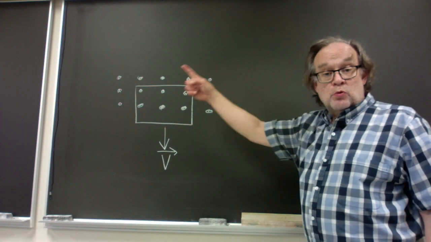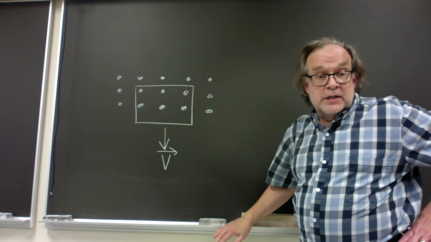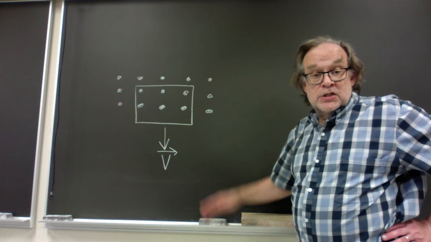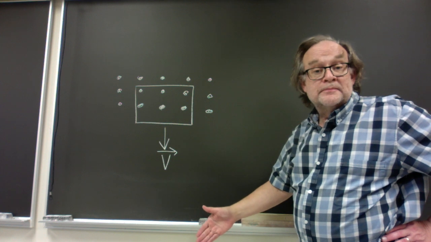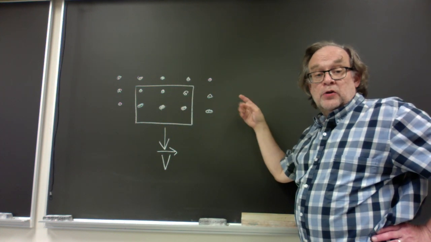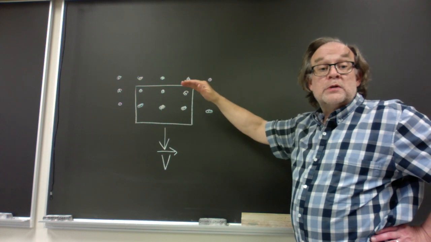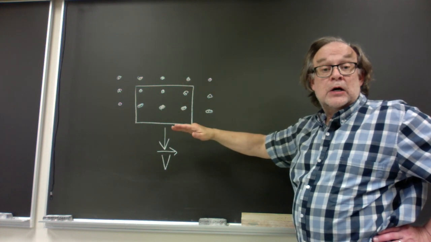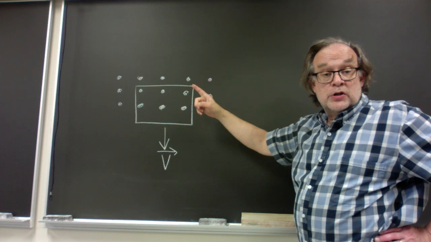Let's imagine this wire loop made of conducting material, and it's falling. And here's a region of magnetic field, and the loop is partly inside, partly outside that region of field.